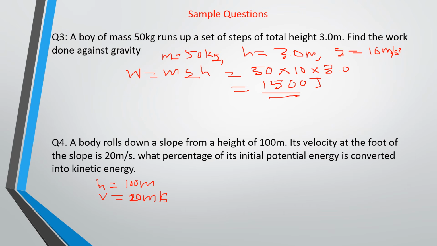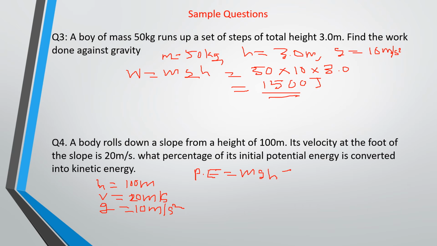Now, potential energy at the top of the slope, PE, is equal to mgh. g is known already to be equal to 10 meters per second squared.